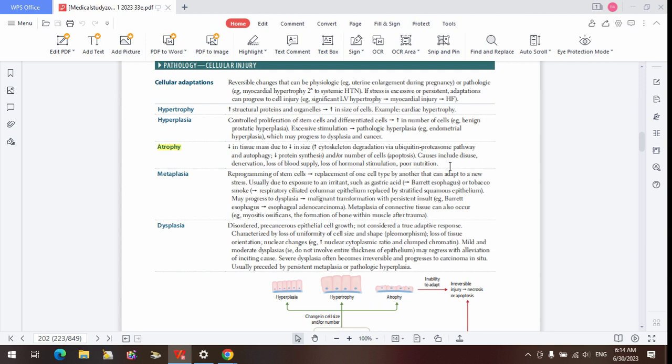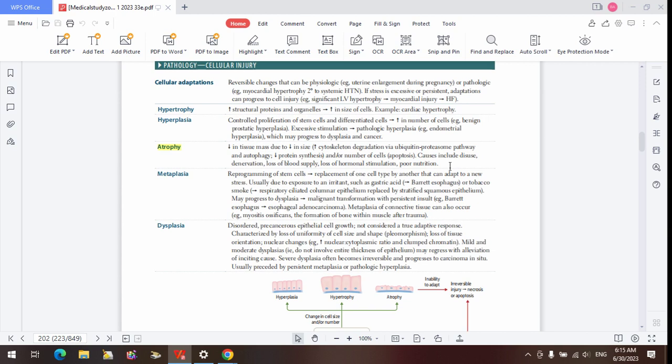Another one is smoking. An individual that is smoking is exposed to irritants from the smoke, which forces the differentiation of the respiratory epithelium. Sorry about that, guys. That's a mistake. It changes the epithelium of the respiratory tract from pseudostratified columnar to stratified squamous.